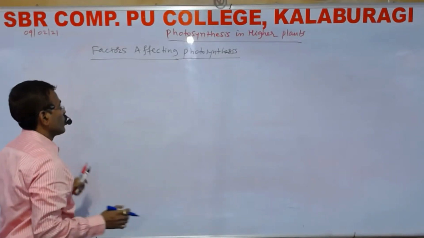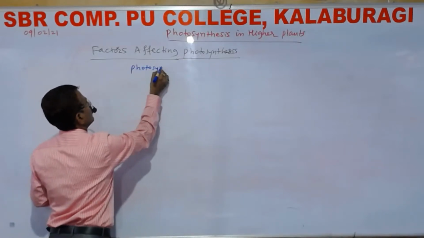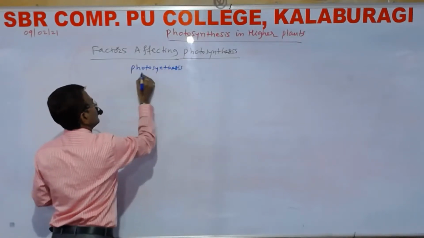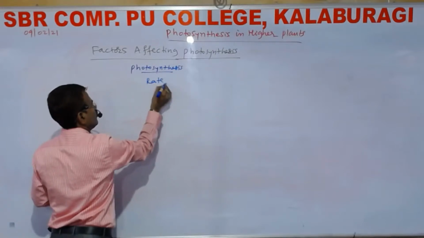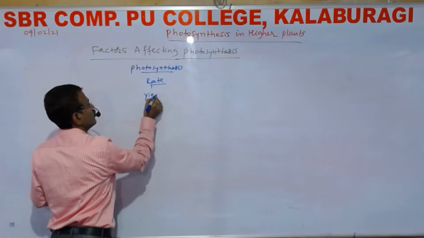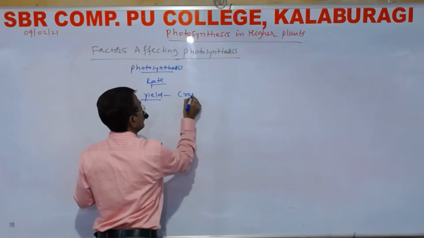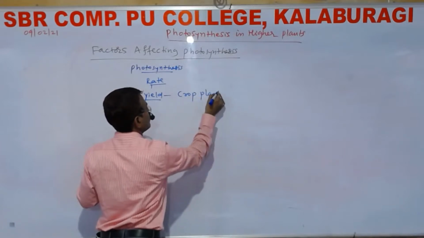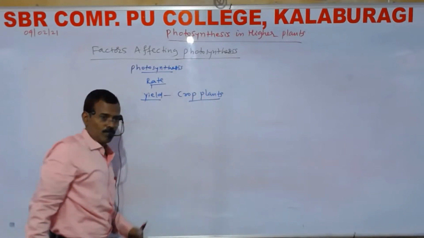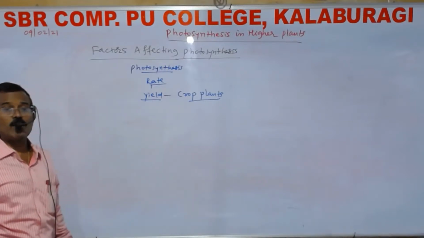Okay, so photosynthesis, particularly the rate, means yield, photosynthetic yield, particularly of crop plants. We are mainly concerned with crop plants. Higher the rate of photosynthesis, greater the productivity in plants.